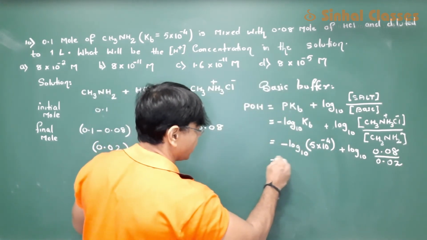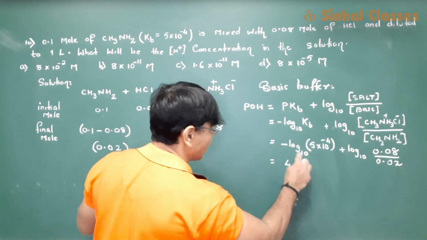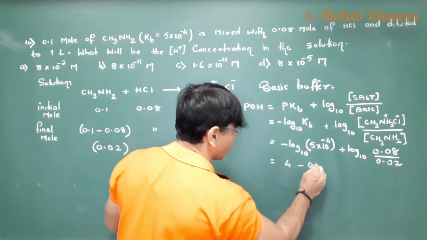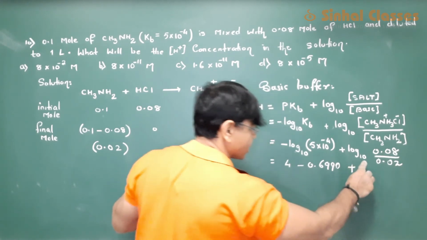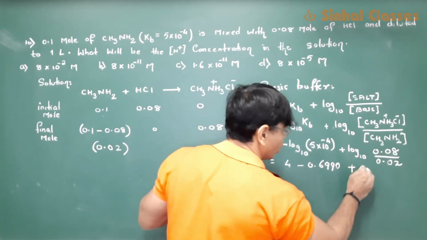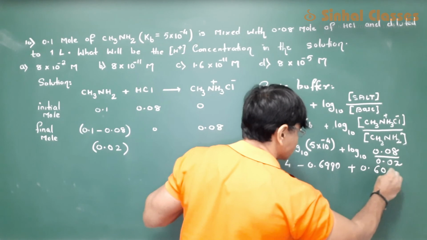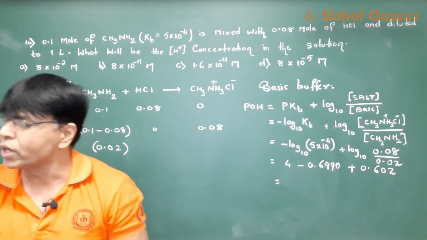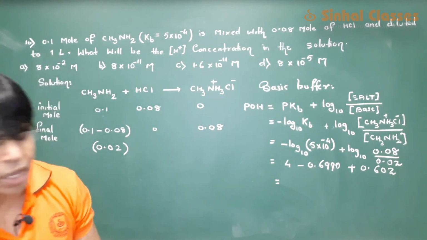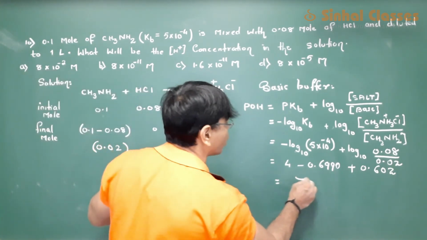So this will be 4 minus log of 5, which is 0.6990, plus log of 4, which is 0.602. So when you add them, it is 3.903.